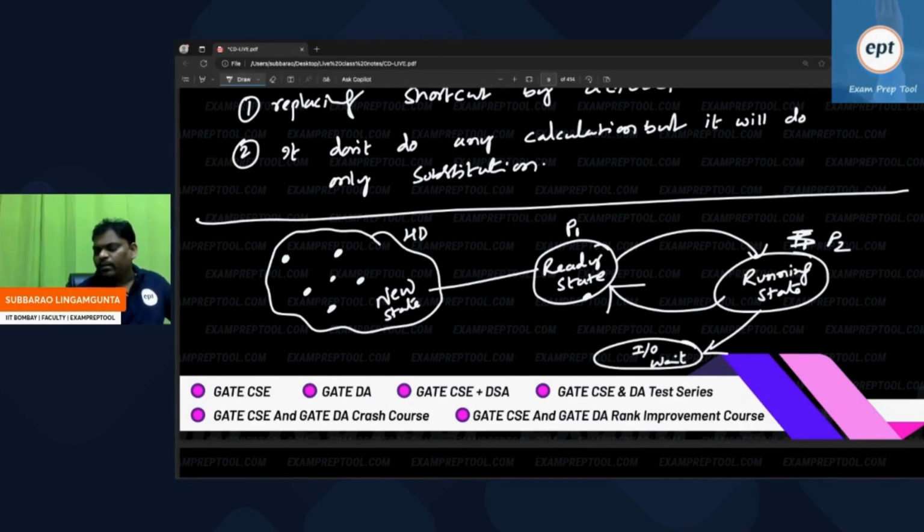Whenever a program is running on the processor, if any IO problem comes, maybe input or output is required, to give input a keyboard is required but the keyboard is not available, to get output a printer is required but the printer is not available, the CPU will say to P2, hello P2, can you wait in the IO wait state? At that time the processor may take P1 again. So P2 is waiting in the IO wait state. Whenever everything is completed for P2, it will go back to the ready state and wait once again.